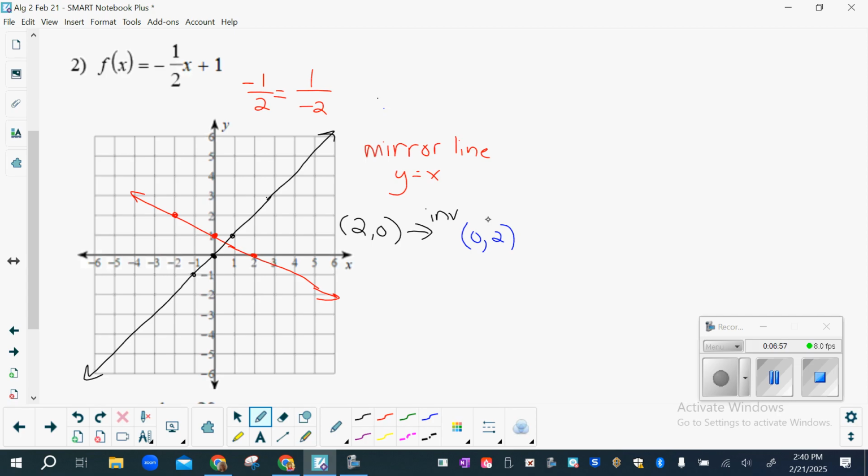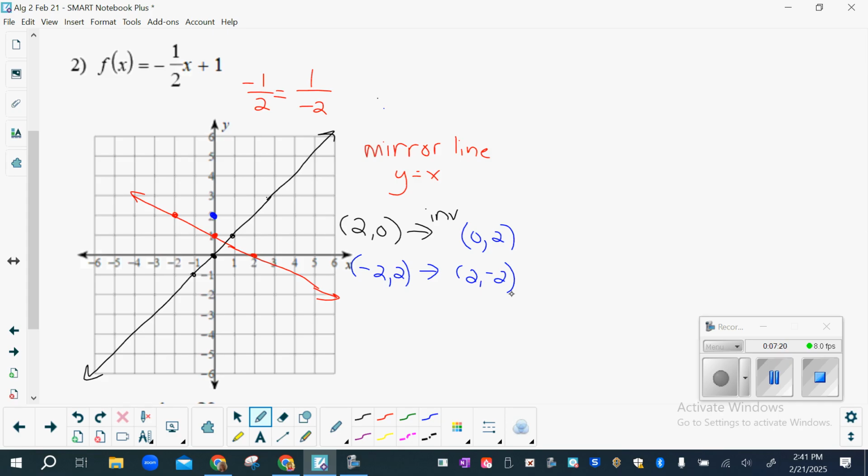So I'm going to graph that point, 0, 2. And then I'm going to find another point on the red line. What's another point on the red line? Negative 2, 2. Good. So 2, negative 2 would be the inverse point.